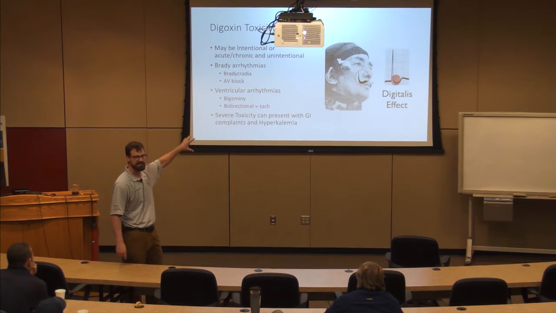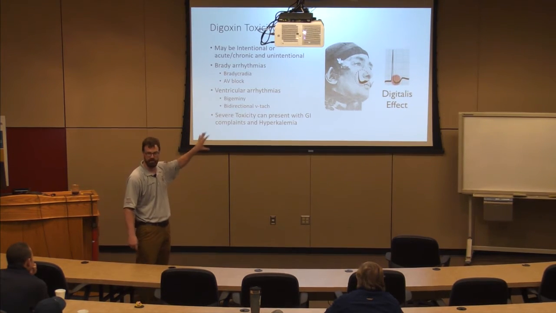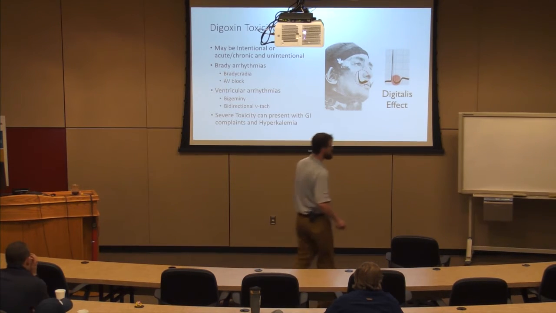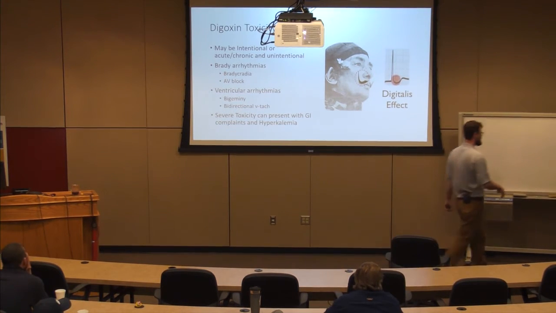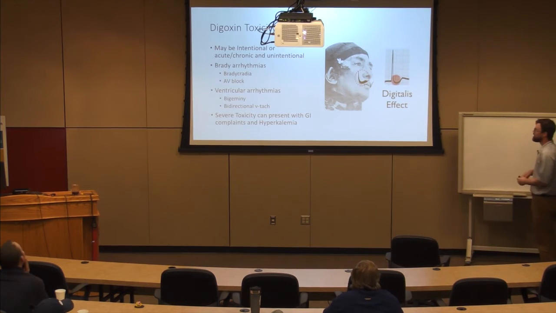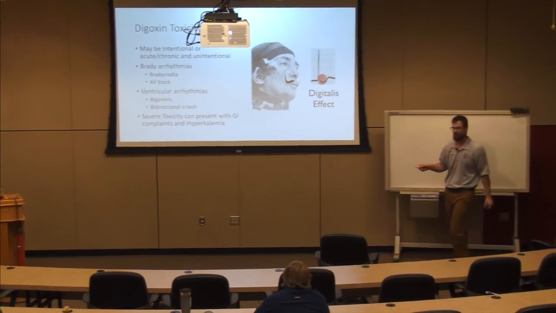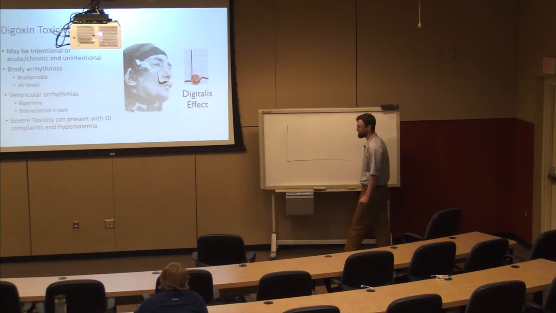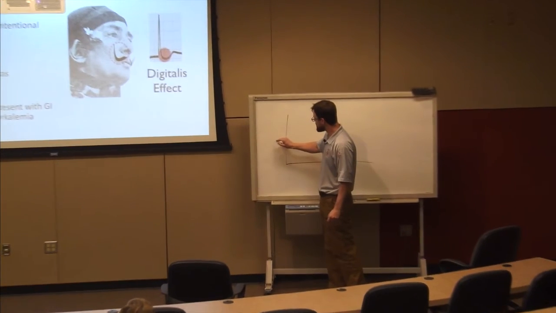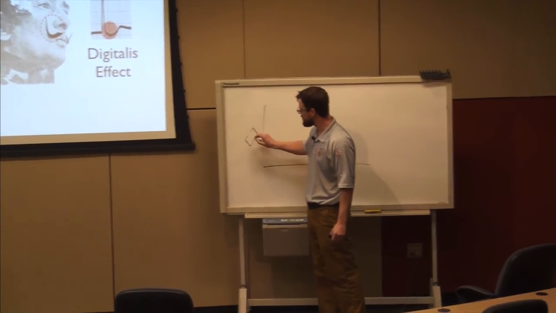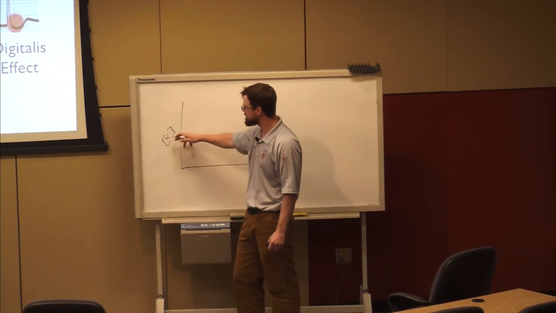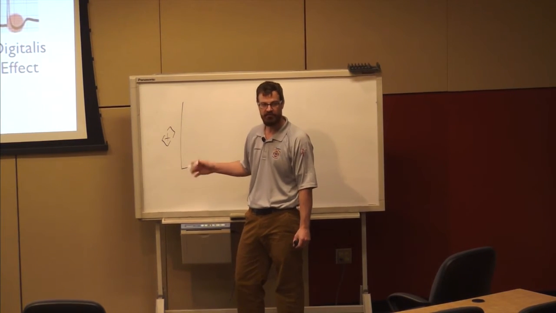Dig can present with any arrhythmia, dig toxicity, okay? And we don't see digoxin used a lot anymore, but it has the potential to be very dangerous, okay? And the reason is dig has a very narrow therapeutic window. So if this is the concentration that I need for my effect, which is X, right? I need this much digoxin to get the benefit, right?